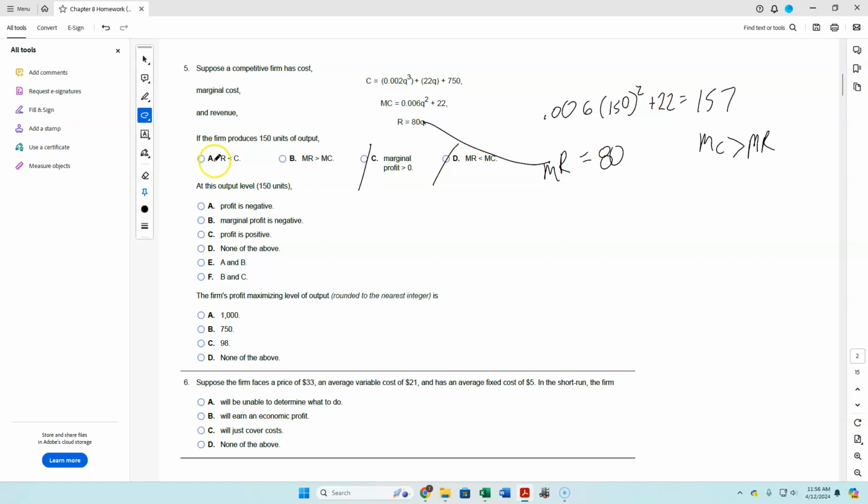Revenue less than cost. Well, I guess we could solve this here. 80 times 150 is 12,000.